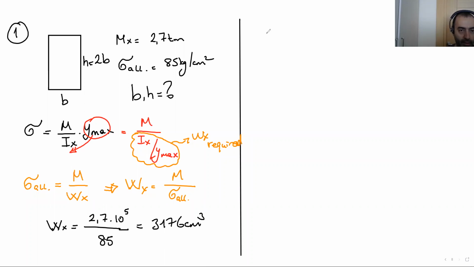Mukavemet momentu, the section modulus. Now we can write the equation for it.